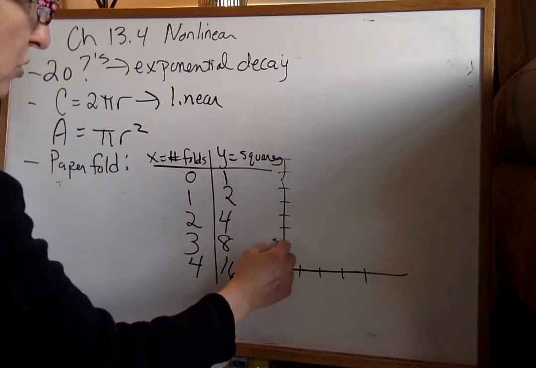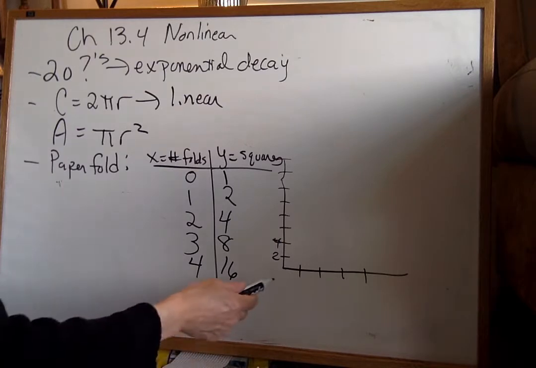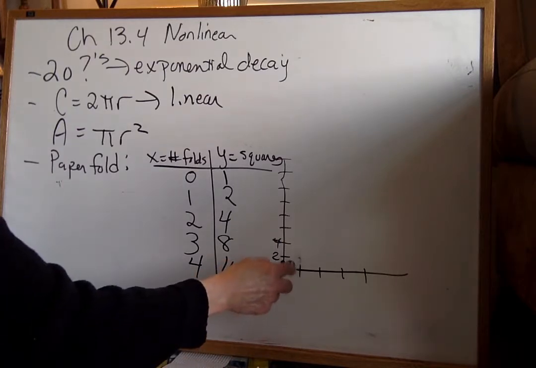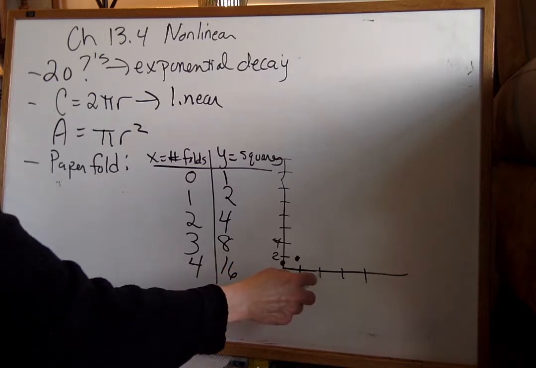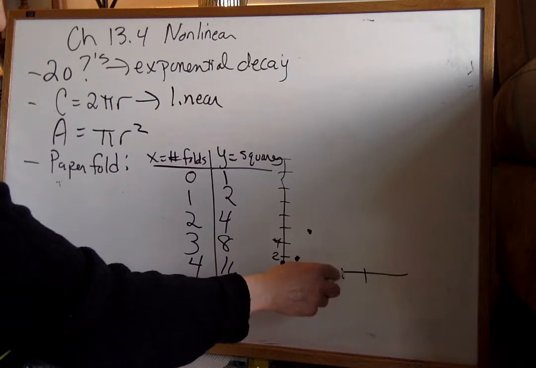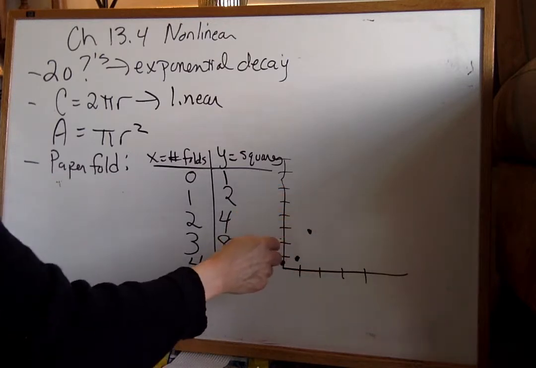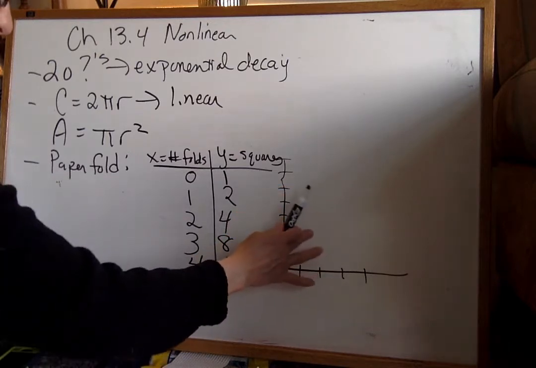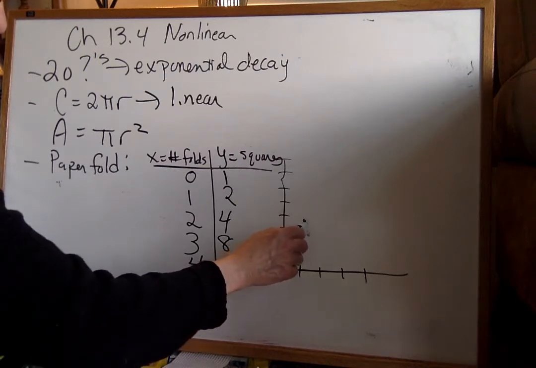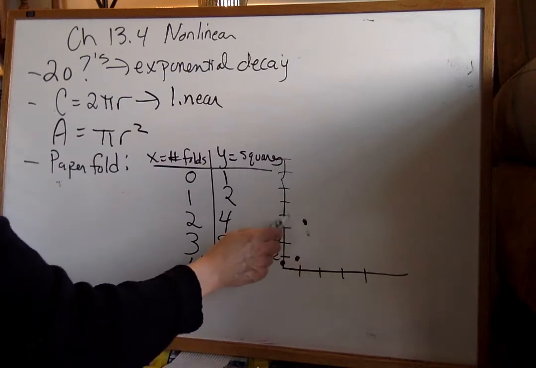Okay, I'm counting by twos over here just to make my life easy. So 0, 1, 1, 2, 2, 4, 3, 8, 4, 16. Oops, I put him in the wrong spot. 2, 4, 6, 8. He was supposed to go here. 8, 10, 12, 14.